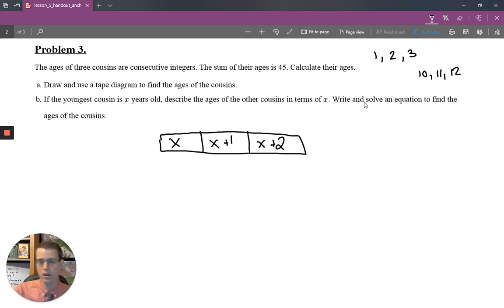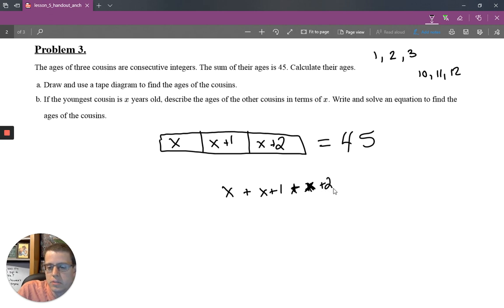So that will help us set up our equation because we know the sum of these ages is going to be 45. And so X plus X plus 1 plus X plus 2 equals 45.